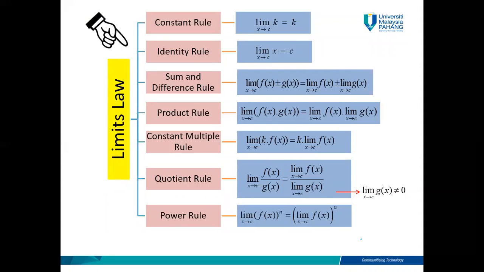So we have the constant rule, which is the limit of k when x approaches c equals k. For the identity rule, the limit of x when x approaches c is equal to c. C here is a constant.